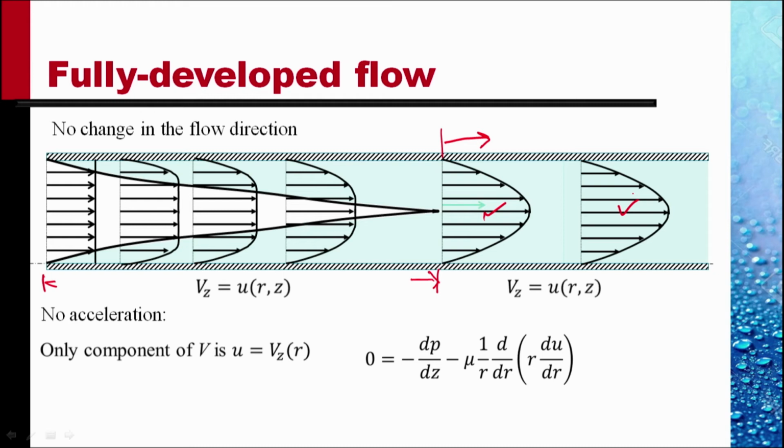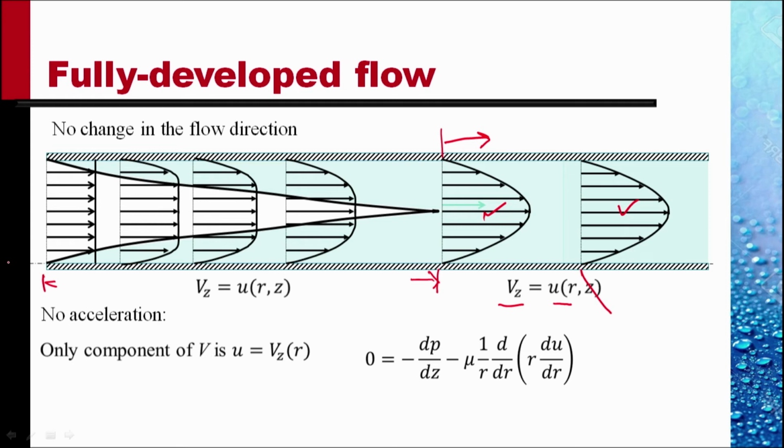There is only one component of velocity, Vz, and it is a function only of r. It is not a function of z. Since the velocity does not change down the pipe, clearly there is no acceleration.